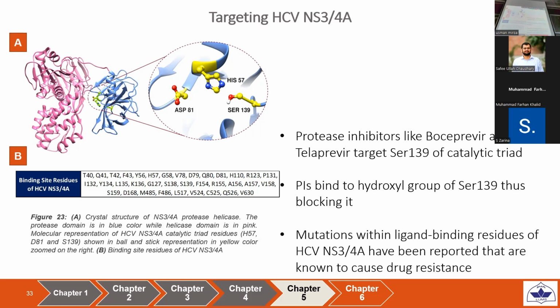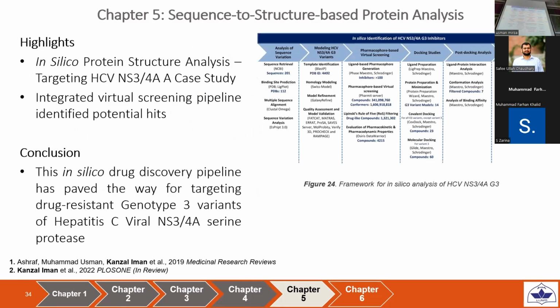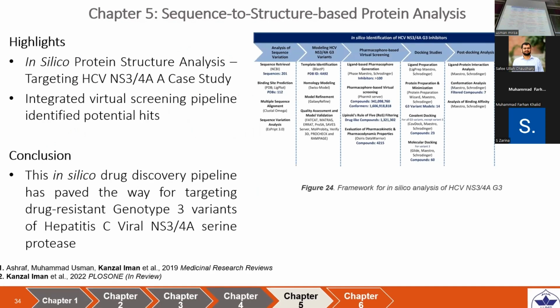So mutations within the ligand binding pocket impart resistance to these inhibitors. For that purpose, we have developed a structure and functional analysis of this protein.